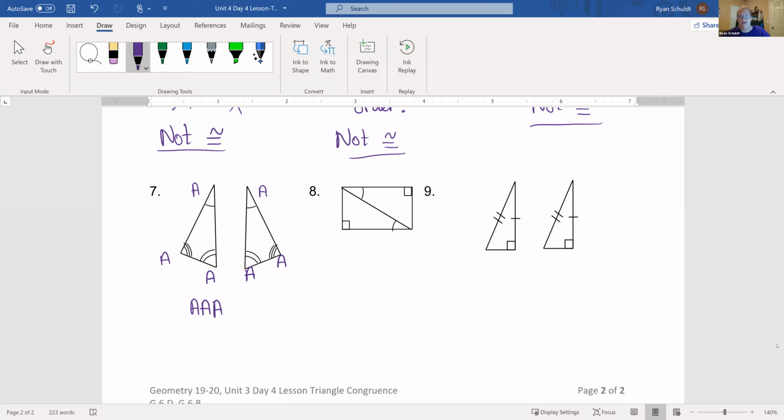I'm not AAA. I'm not here to pick you up. That doesn't work. So these are not congruent. This is one time where AAA cannot help you.